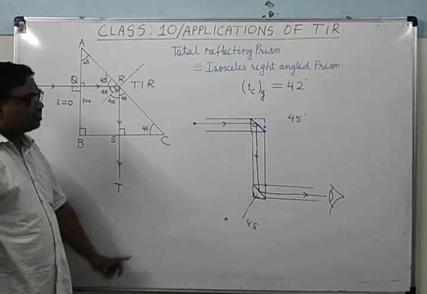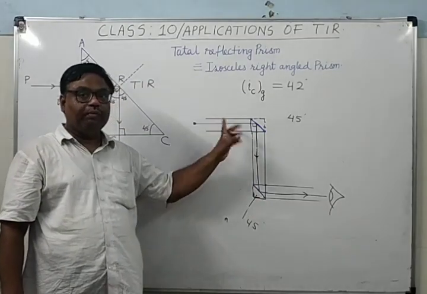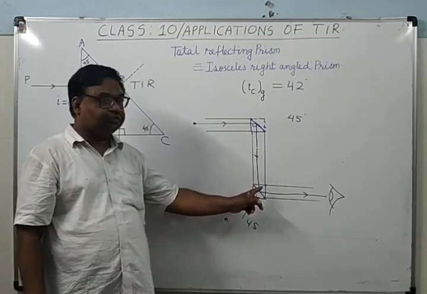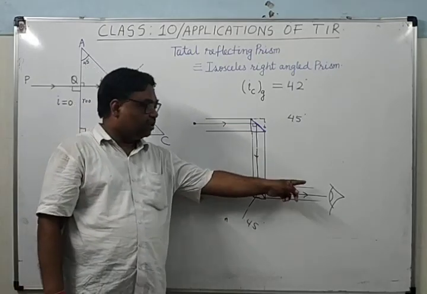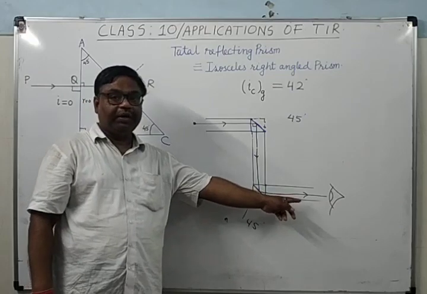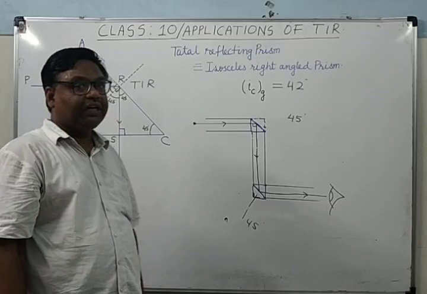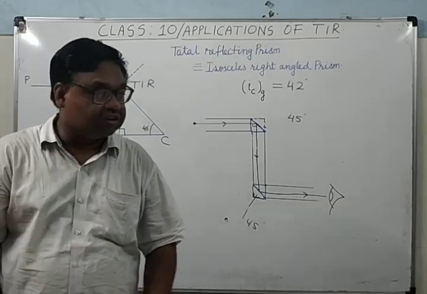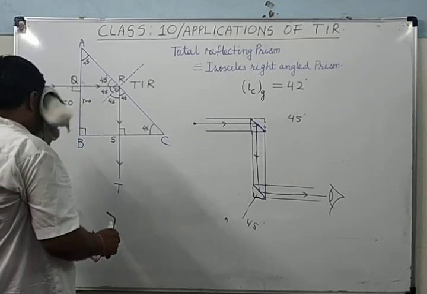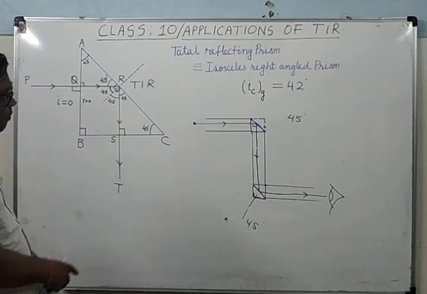But since total internal reflection is taking place, no absorption of light will take place. And when there is no absorption of light, what will happen? The final image will be much brighter. It will be as bright as the object itself. So this is known as the prismatic periscope, in which in place of the plane mirror we use a total reflecting prism.